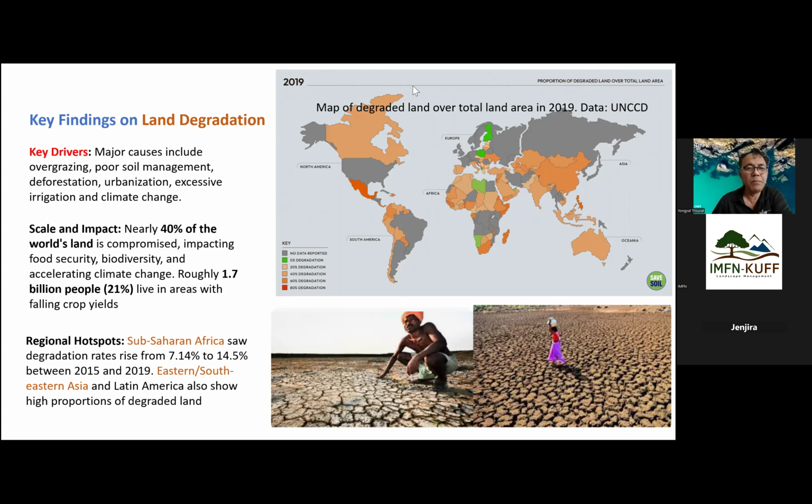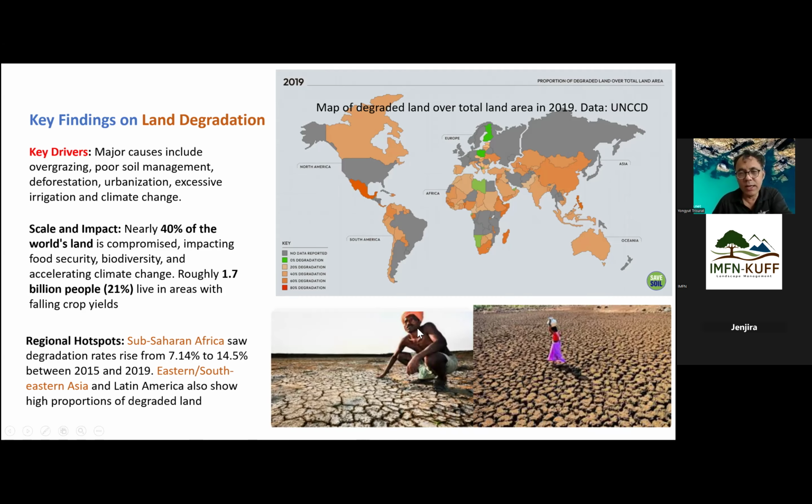So the huge problem: nearly 40% of the world's total agricultural land is affected, and many people, almost 2 billion or 21% of the global population, have failing crop yields or face the impact of land degradation on crop production, with consequences on food security, particularly in Africa, Sudan, Sub-Sahara, that you already see in the news, either from newspaper or from TV.